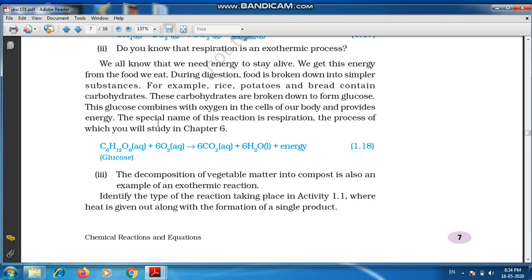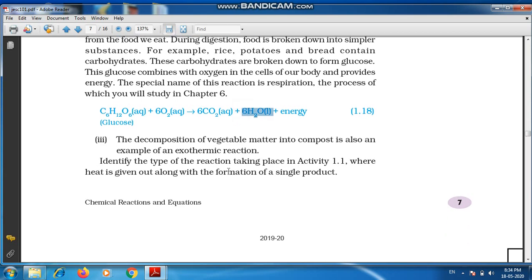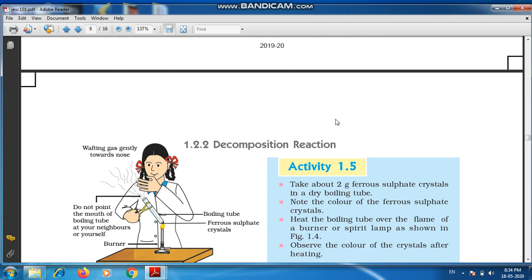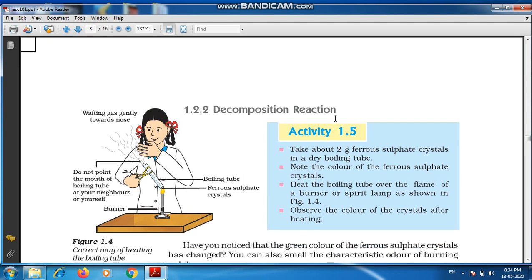This is the respiration reaction; the special name of this reaction is respiration reaction. C6H12O6 is glucose plus oxygen. So oxidation takes place, giving 6CO2 plus 6H2O. This way we studied one of the reactions, that is, the combination reaction.